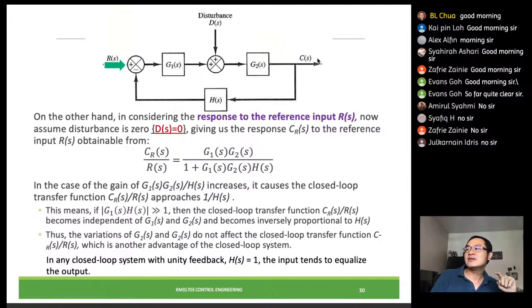Whatever output we bring back and compare helps lower all this sudden change throughout the system. We don't want sudden change that creates a very large error at the end that we are not able to control. That is the main advantage of closed loop as compared to open loop.